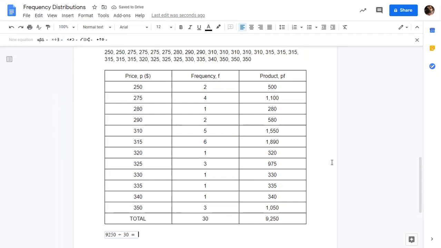Should be 308.33. So the average, the mean of these bicycle prices is 308.33.